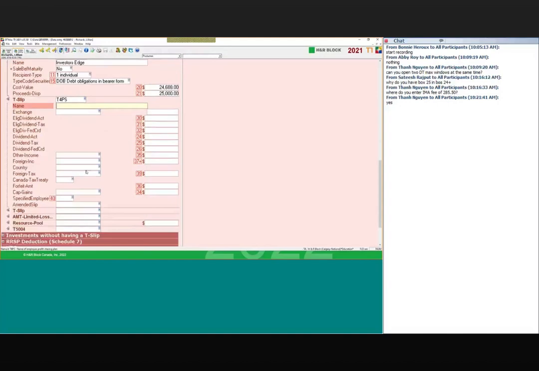All right. So again, the boxes look very similar to the other T-slips. And in this case, capital gains are reported in box 34. So let's go to box 34. Right here, it says capital gains. If there's dividend income, it's going to be in box 30.